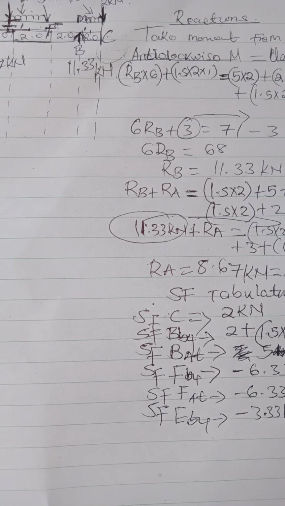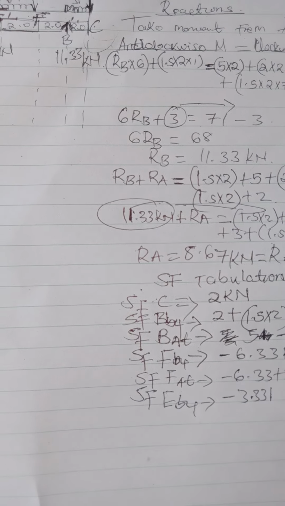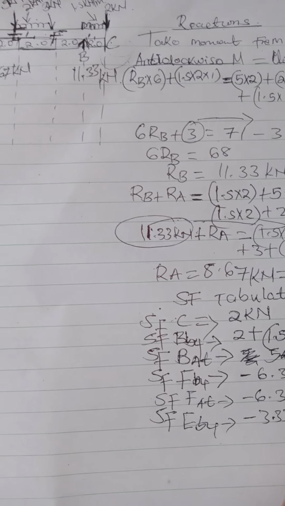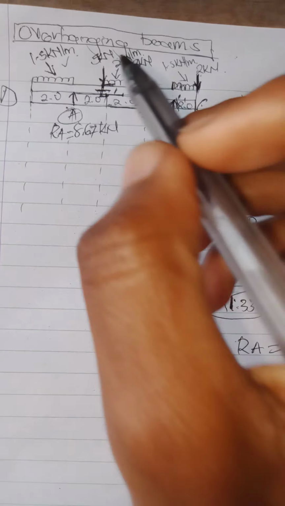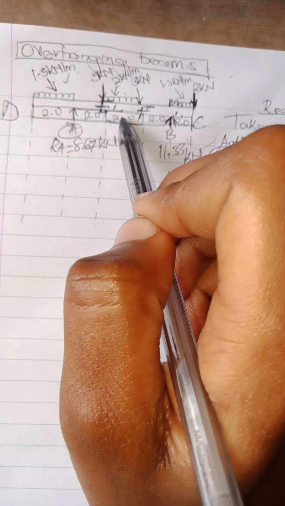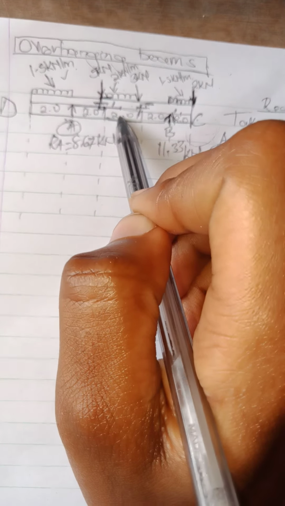3.33 kilonewtons, you add the 2 times the distance, and you add 2 kilonewtons, you multiply by 2 because it is 2 kilonewtons per meter.